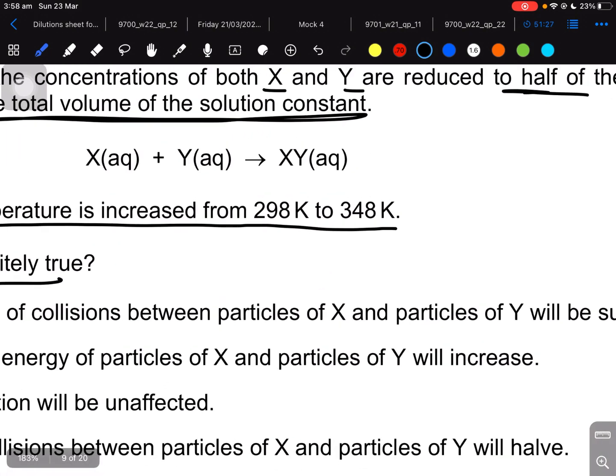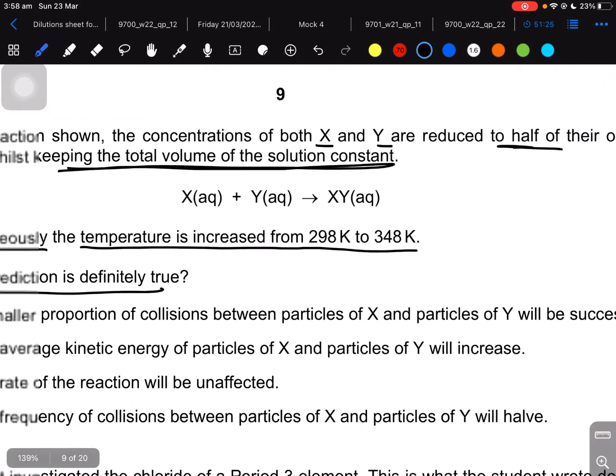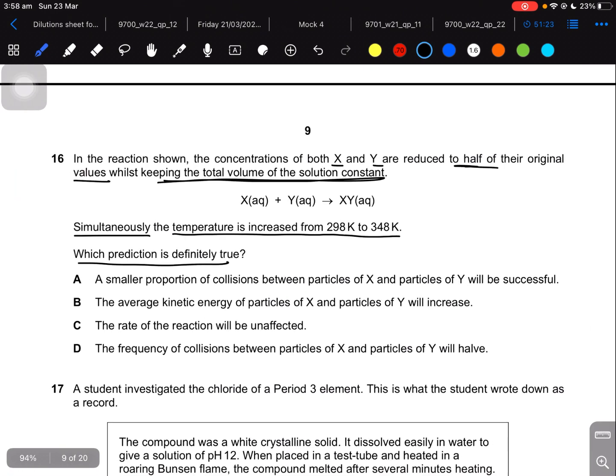A smaller proportion of collisions between particles of X and Y will be successful. I'm gonna put that on the side, because it doesn't feel completely correct. It's not definitely true.